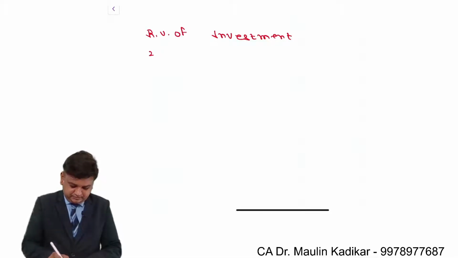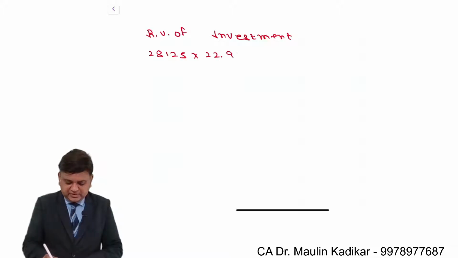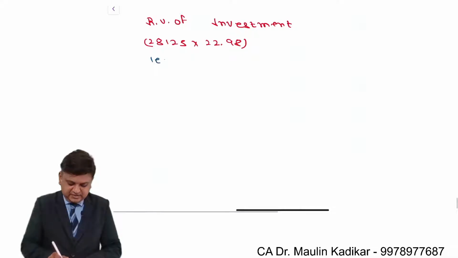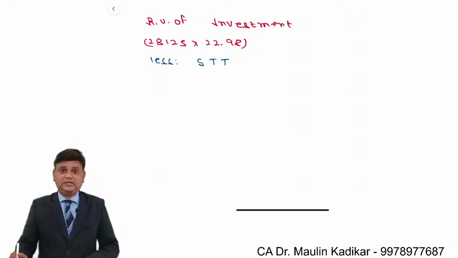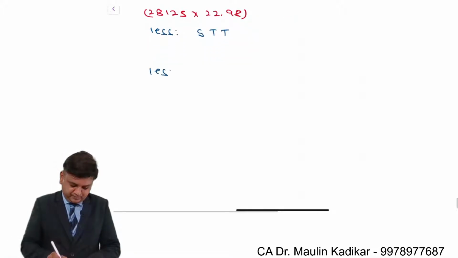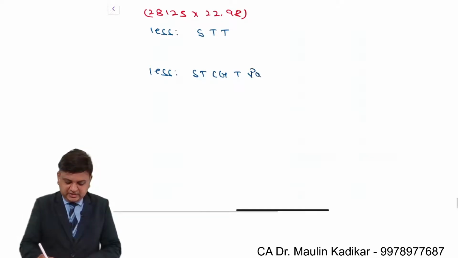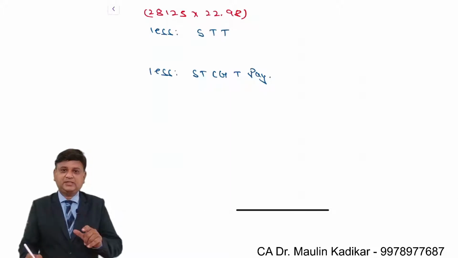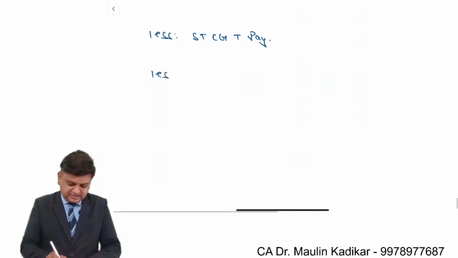28,125 into 22 rupees 98 paise, less security transaction tax that is supposed to be paid at the rate of 0.2%, less short-term capital gain tax payment, for which we have prepared a working note, less purchase price of the investment.